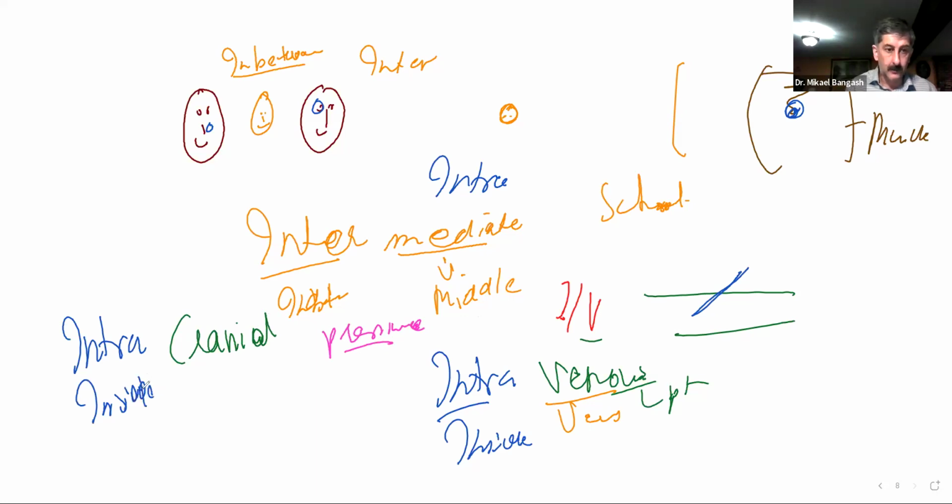Inside the cranial, which is the skull. The al in this case is still just pertaining to. Because the actual word for the physical skull is cranium.